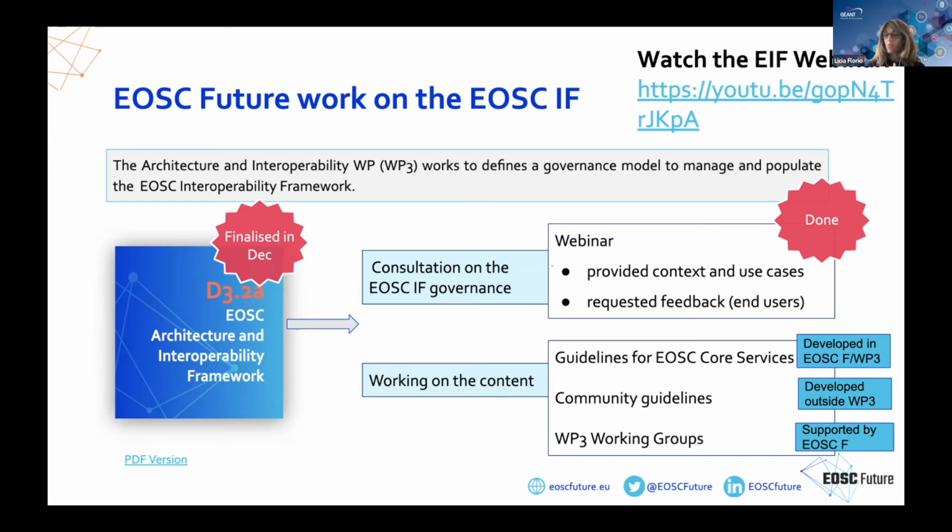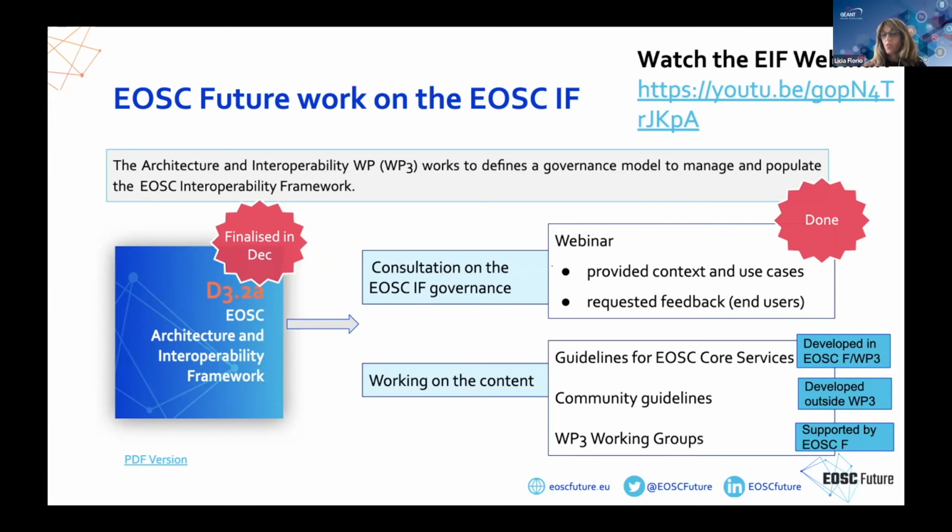Some of them are accessible as a service. Some others provide basically just an interface, and the expectation is that information is transferred to the core service in a very specific manner. But this is only the part that is controllable, because it's very small, and this was done within EOSC Future and WP3, the work package that is in charge of this.